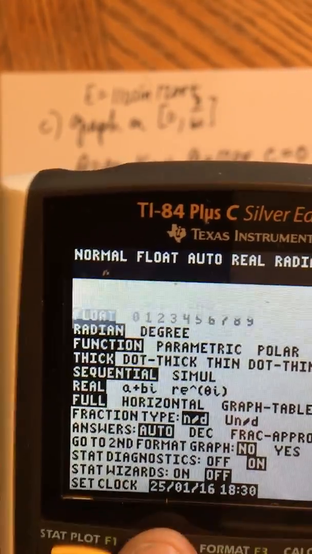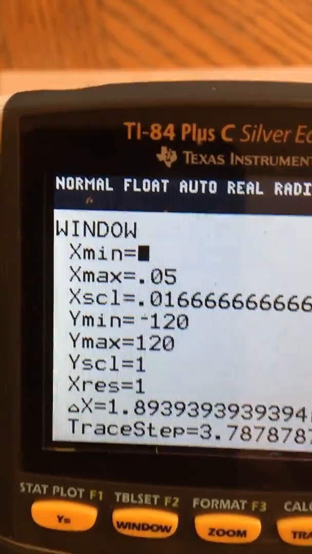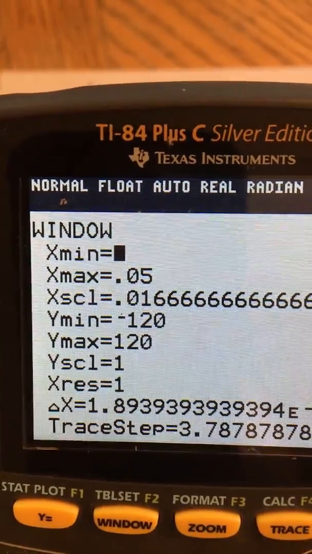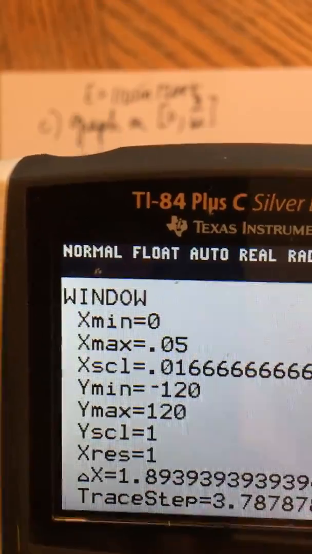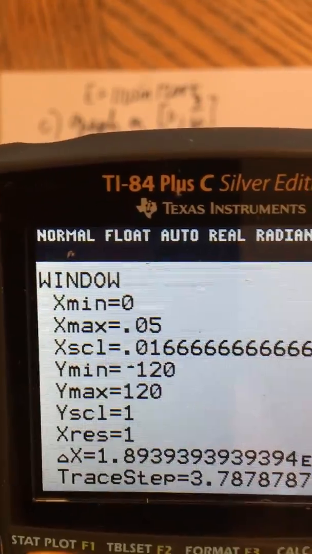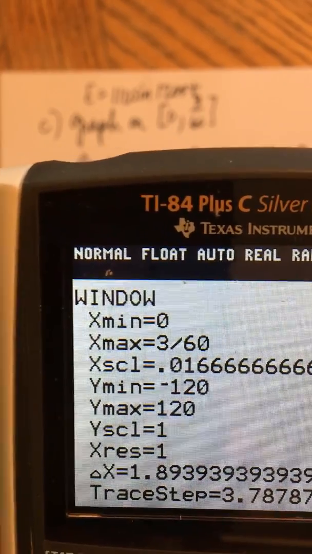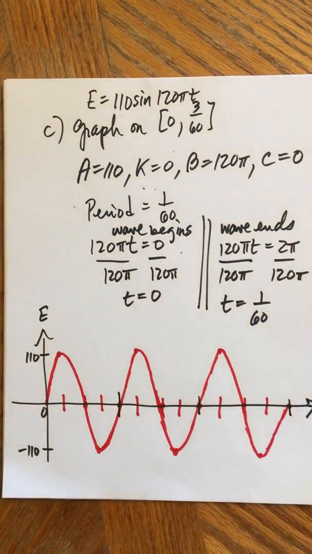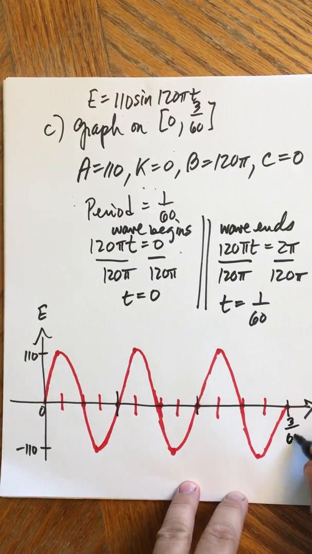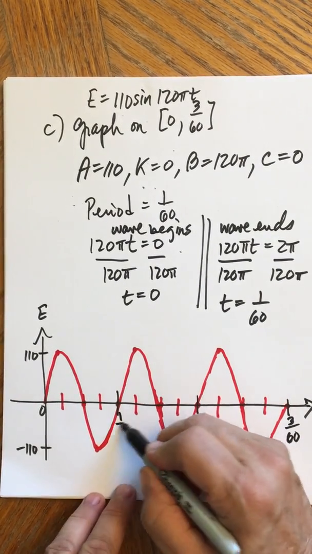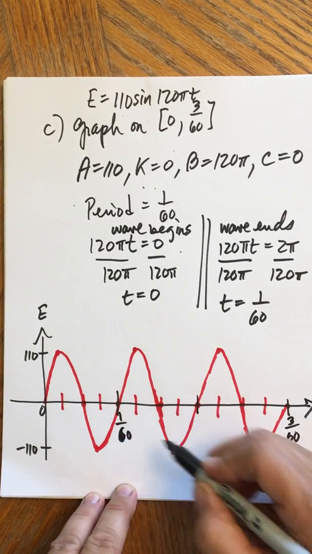And then you want to make sure your window is set. We know we're going to start at 0, and then you'd want to go to 3 divided by 60, because that's what they're asking here. That's my end value, and let me go ahead and mark that. This is 3 over 60, this is 1 over 60, where I see the end of one wave.